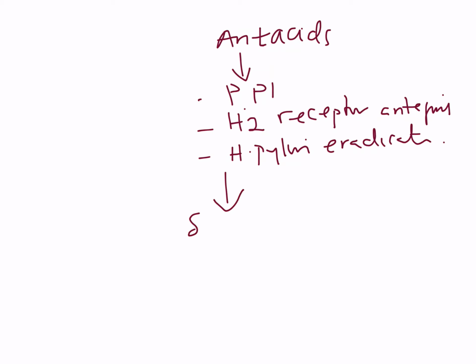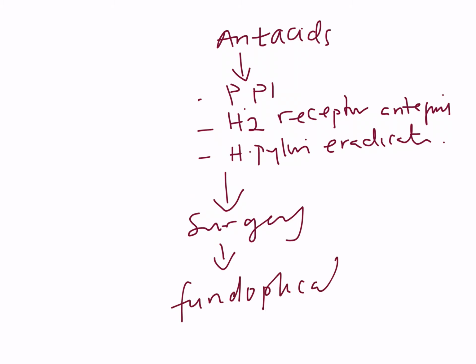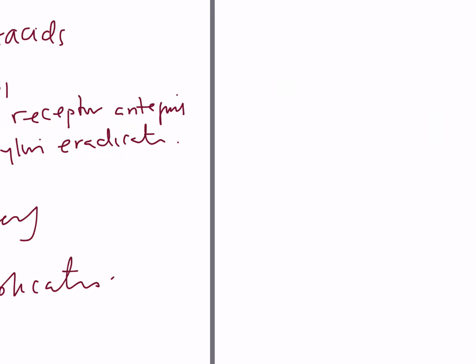Still, if there is no response, you go to surgery, that is, you do fundoplication. And this brings us to the end of today's lecture, which is GERD, gastroesophageal reflux. Thank you.